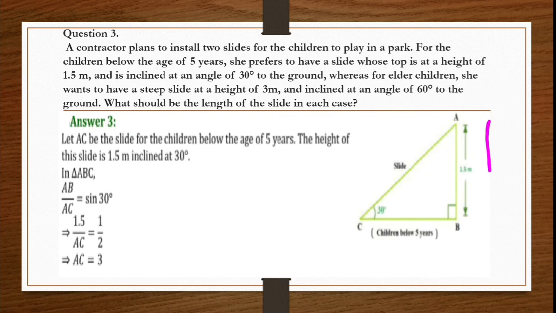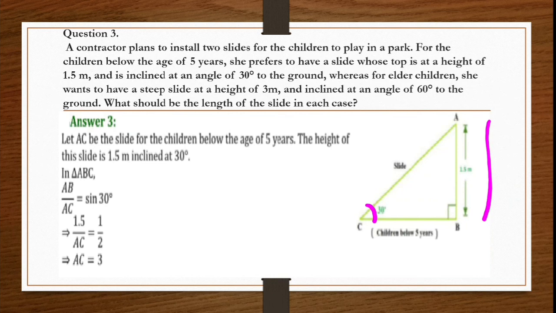Okay, this distance is 1.5 meter and it inclines at an angle 30 degree to the ground. Whereas for the elder children, she wants to have a steep slide at a height 3 meter and inclined at an angle 60 degree to the ground. What should be the length of the slide for each case?